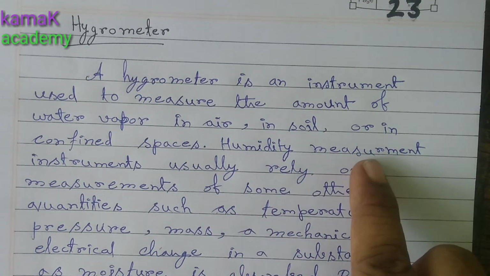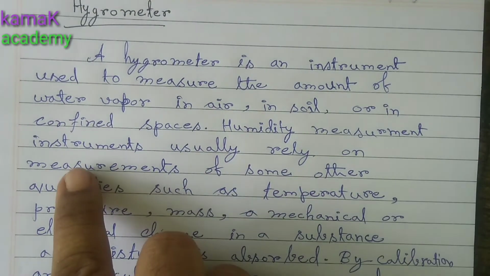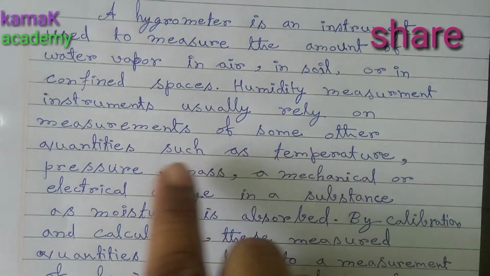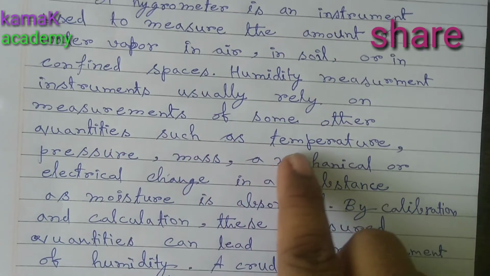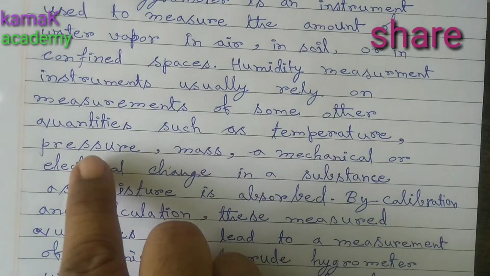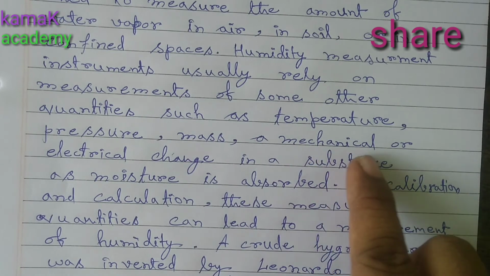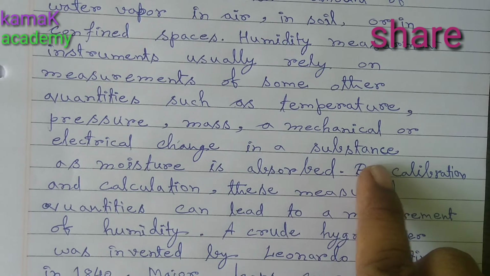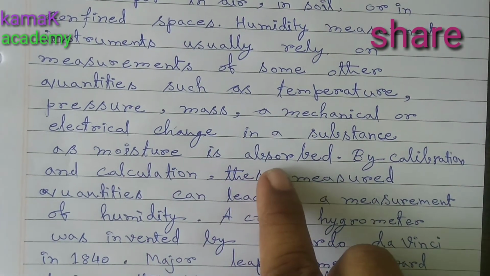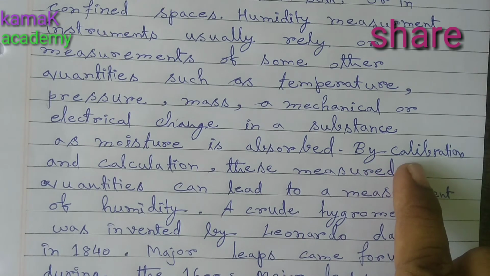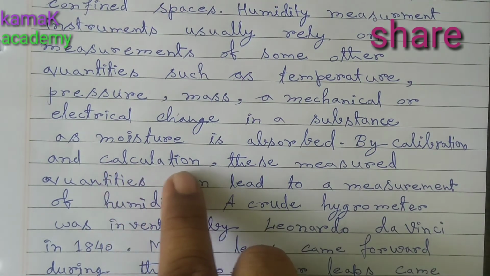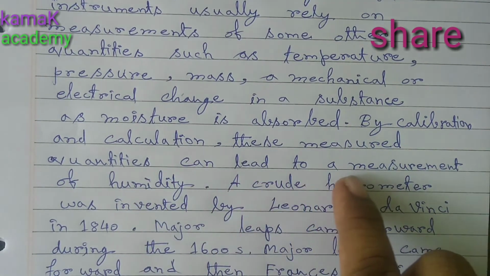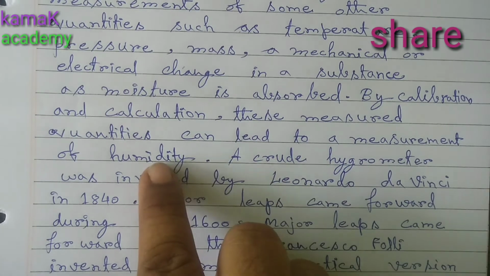Humidity measurement instruments usually rely on measurements of some other quantities such as temperature, pressure, mass, a mechanical or electrical change in a substance as moisture is absorbed. By calibration and calculation, these measured quantities can lead to a measurement of humidity.